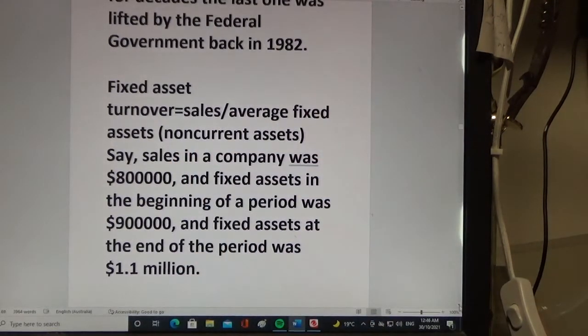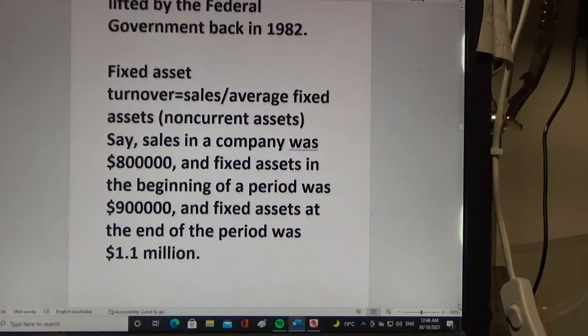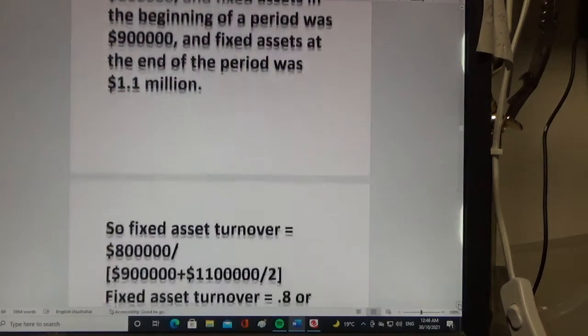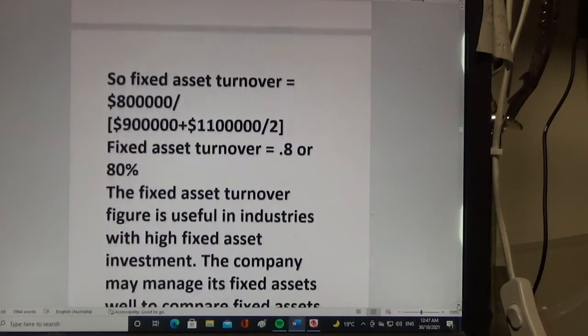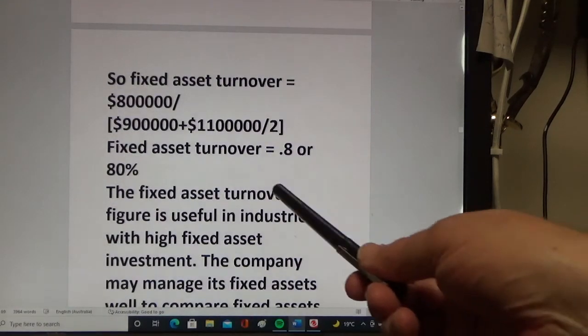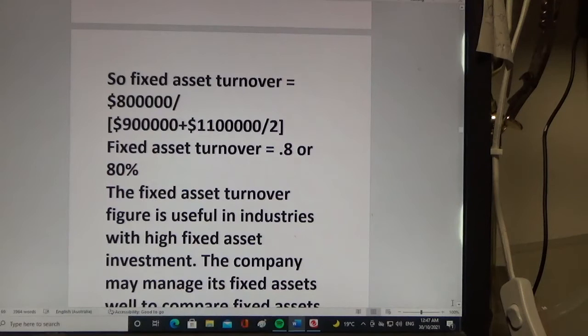That's the denominator, right? So put all that in brackets, do that first, then use your calculator, maybe write the two figures on a piece of paper, simply divide, and you'll get 0.8 or 80% fixed asset turnover.